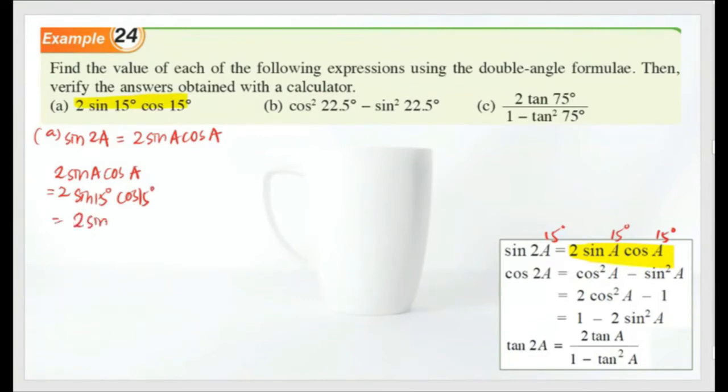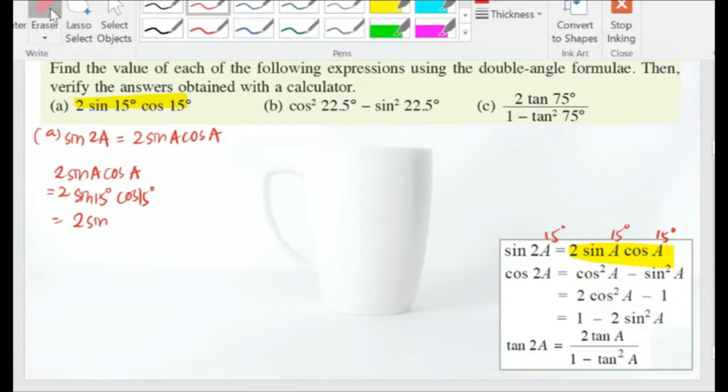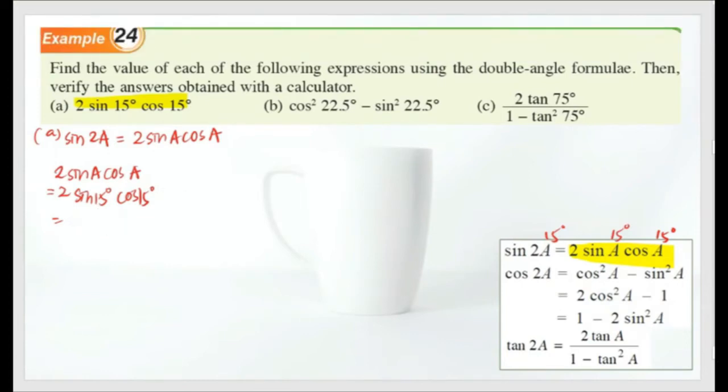So it is equal to sine 2 times 15 degree, so equal to sine 30 degree. So what is the value for sine 30 degree? With a calculator, you just press sine 30 degree. But without a calculator, how are you going to find this?